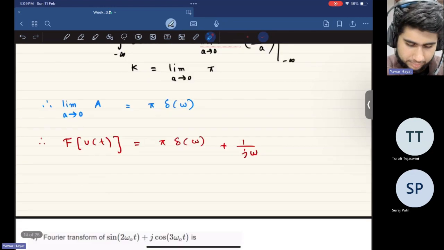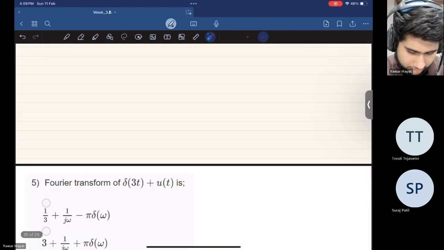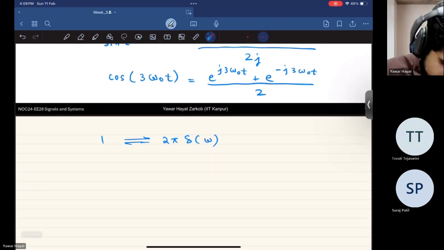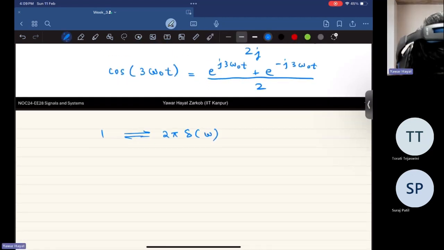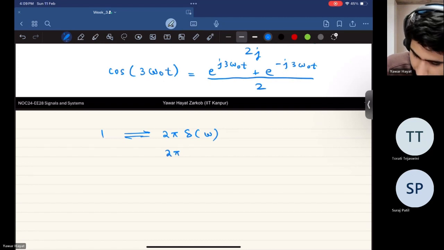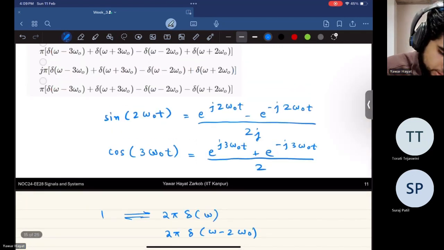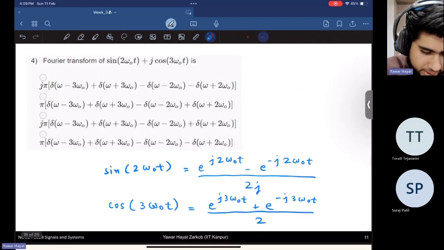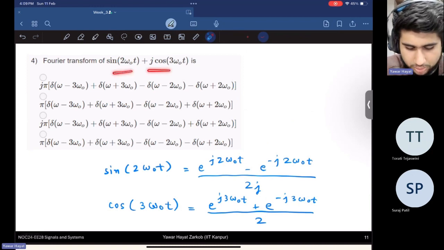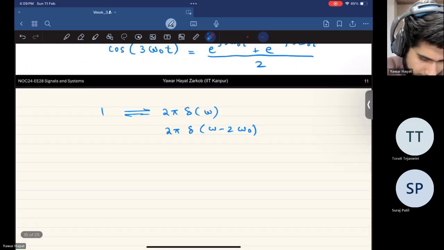So I'll be using that. So 2 pi del of omega minus 2 omega naught, right? I'm taking care of this sign first. I'll break this into two Fourier transforms of two quantities using the linearity property of the Fourier transform.